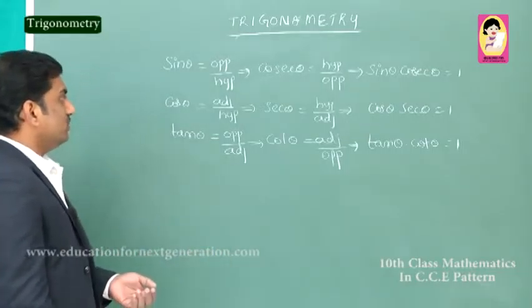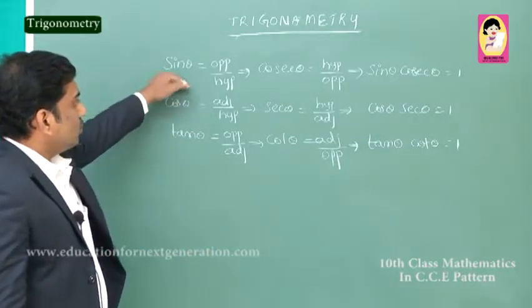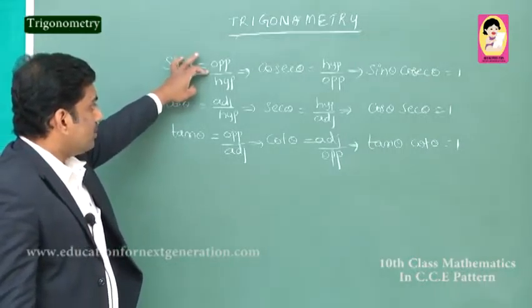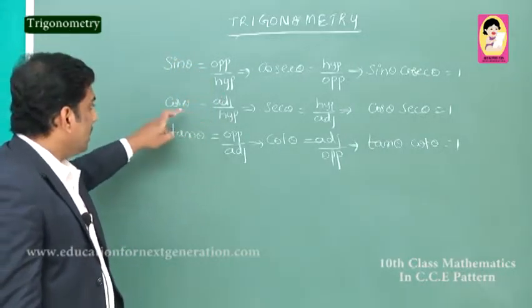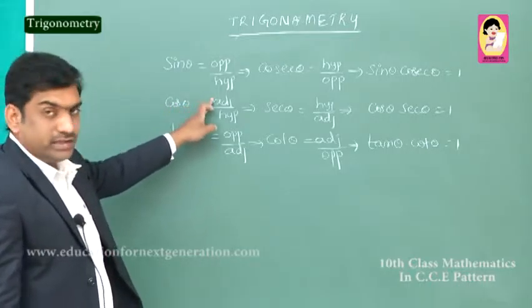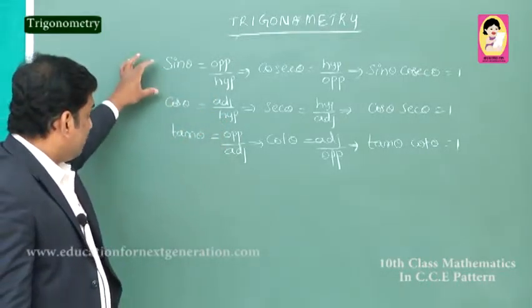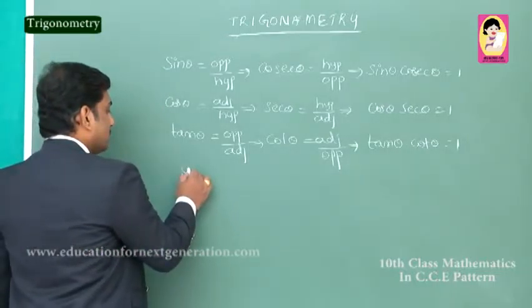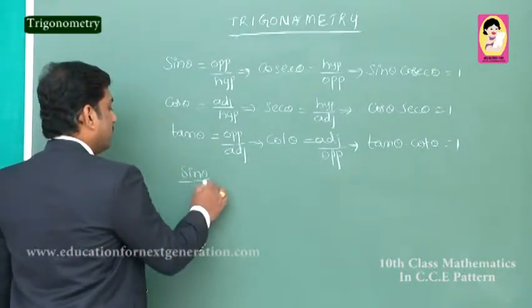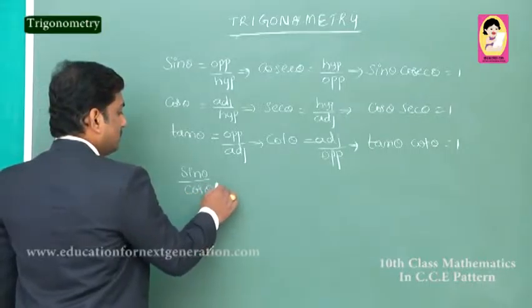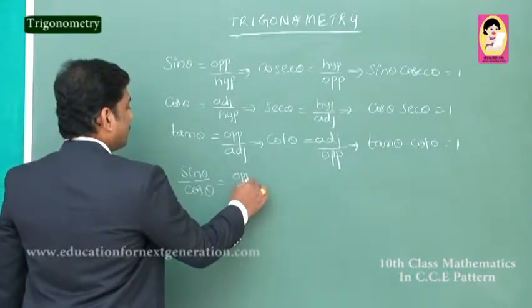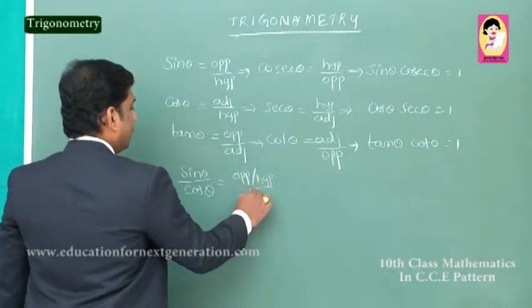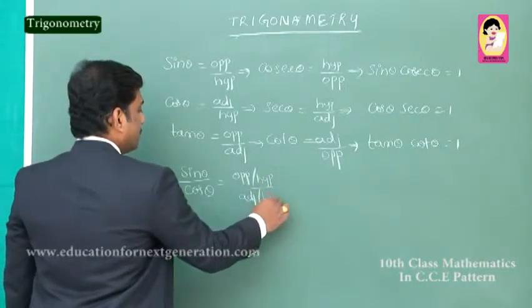Now here if you observe, sin theta into cosecant theta is equal to 1, whereas sin theta is equal to opposite by hypotenuse, and cos theta is equal to adjacent by hypotenuse. If we divide these two ratios, sin theta by cos theta is equal to opposite by hypotenuse whole divided by adjacent by hypotenuse.